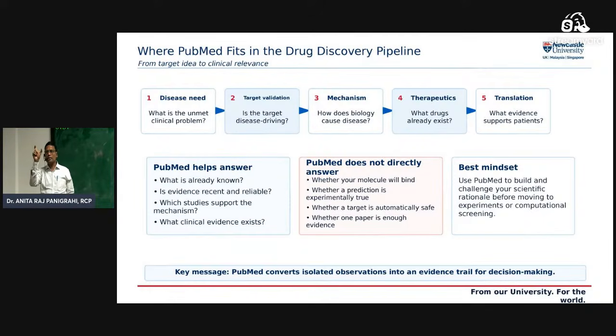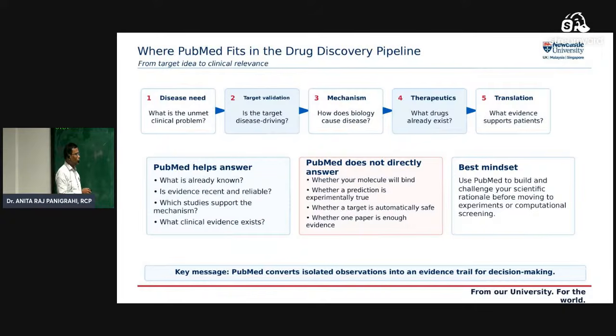Everything in omics started from 2003. So that is the most advanced research, and there is no point going before 2003. That's why they say the evidence is recent and also reliable. Then, which studies support the mechanism, and what clinical evidence exists?